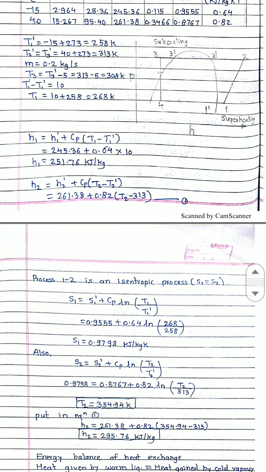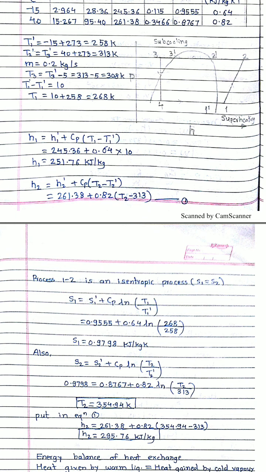Now consider the process 1 to 2. The 1 to 2 process is the isentropic compression process, which indicates S1 is equal to S2, and S1 is calculated as S1 = S1 dash + Cp ln(T1/T1 dash).